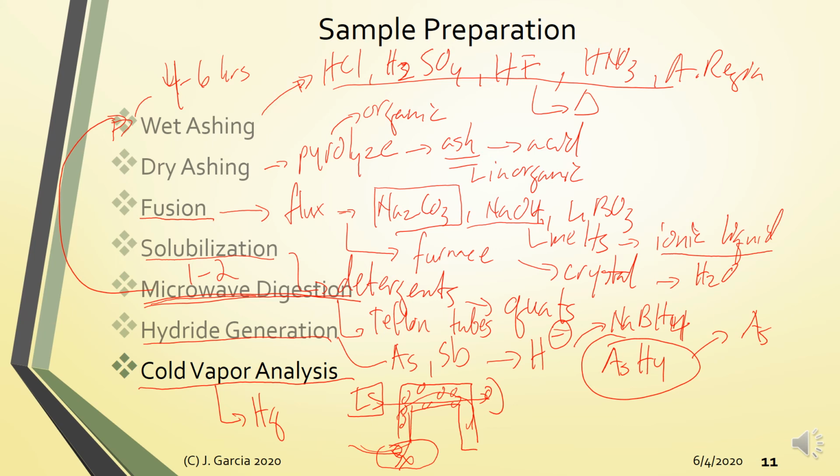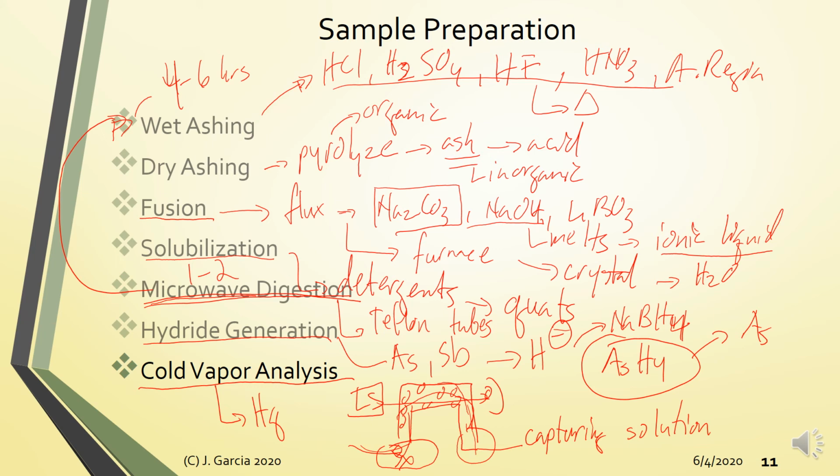Then these atoms will be pumped towards a drain, wherein there is some sort of capturing solution, so that you will not liberate mercury into the atmosphere. And you have to dispose of the mercury waste appropriately. All right.